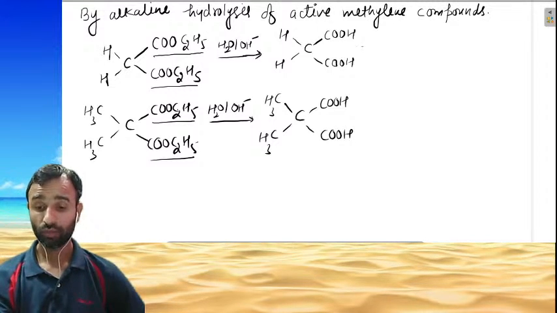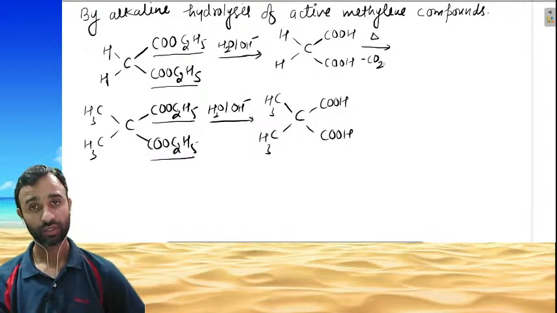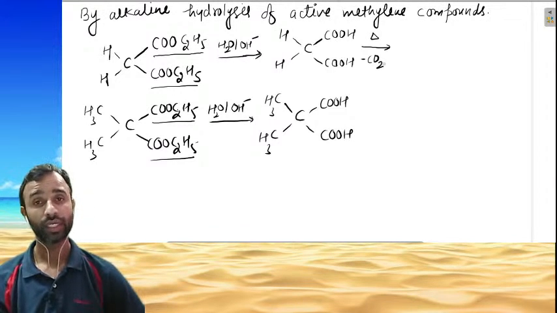And keep in mind, when two COOH are on the same carbon, decarboxylation takes place easily on heating.